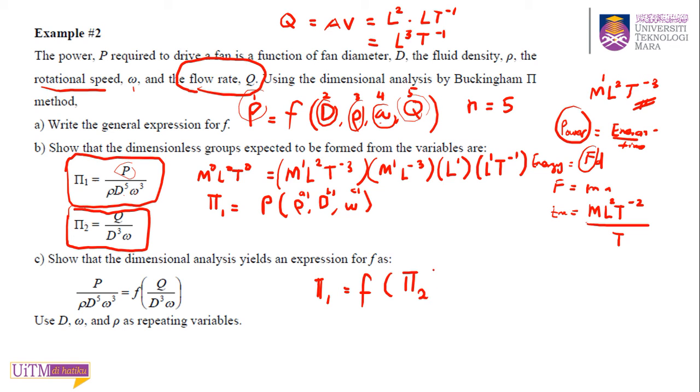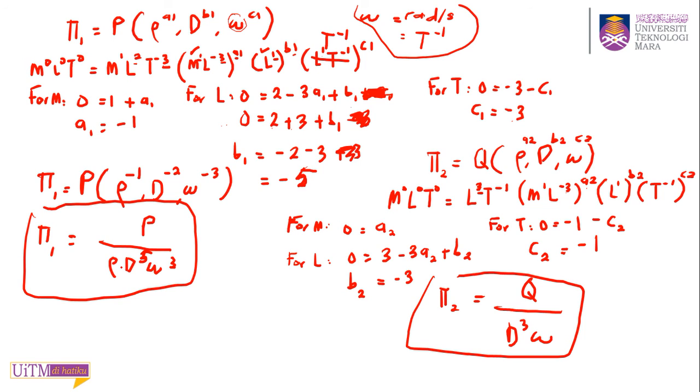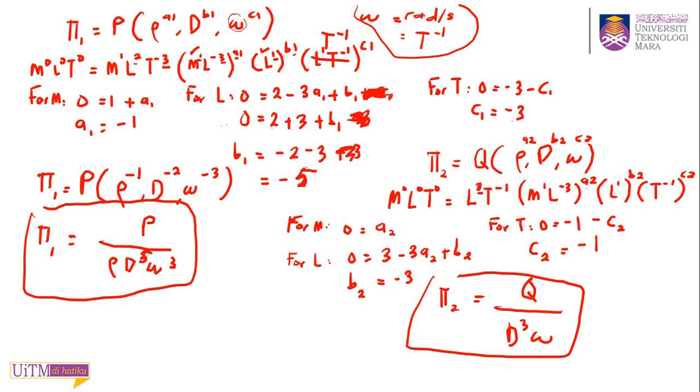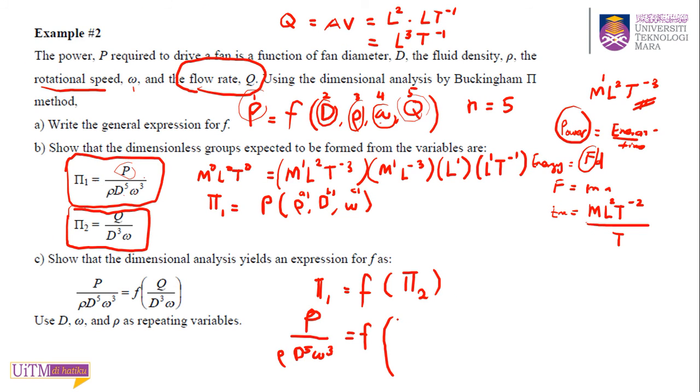So you write again pi 1, which you already proved earlier, P over rho D to the power 5 omega to the power 3, equal to a function of pi 2, and pi 2 is Q over D cubed times omega. So now you prove it, you show that.